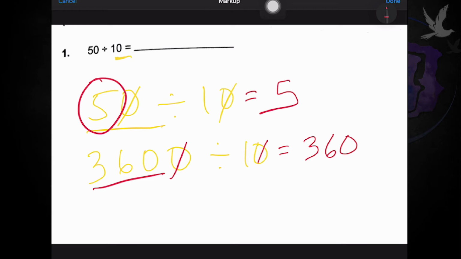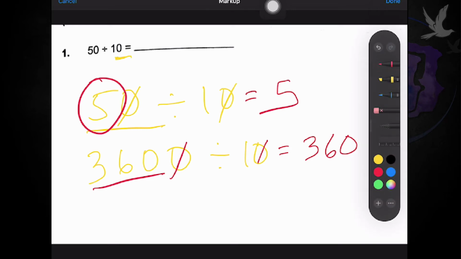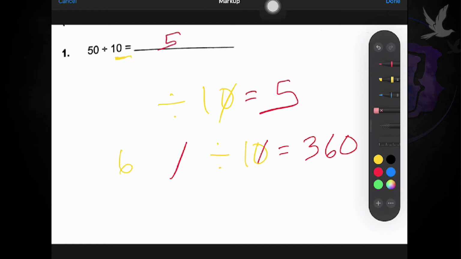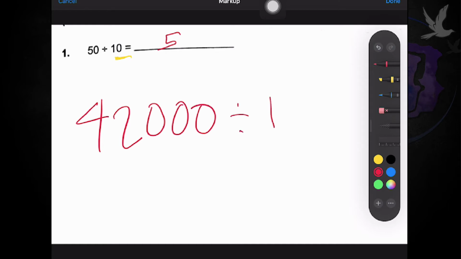Okay? So what if you have a bigger number? Let's erase this part. Let's say we have 42,000 divided by 100.